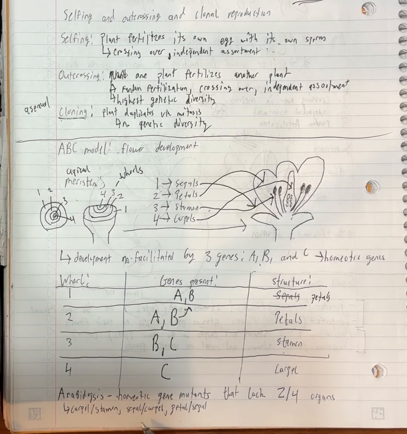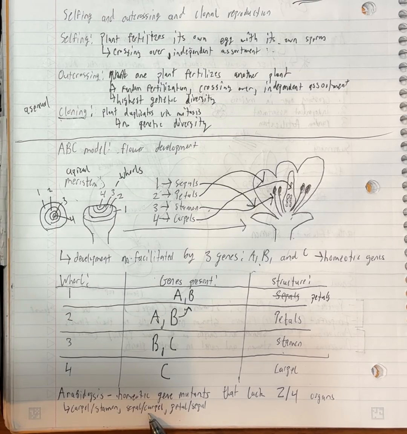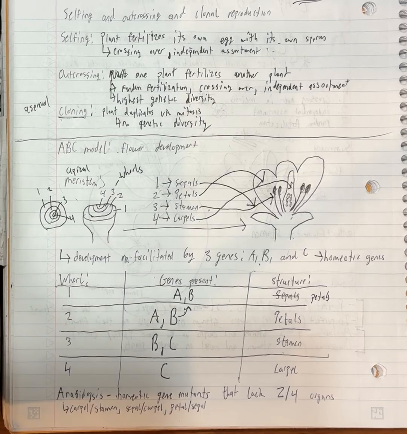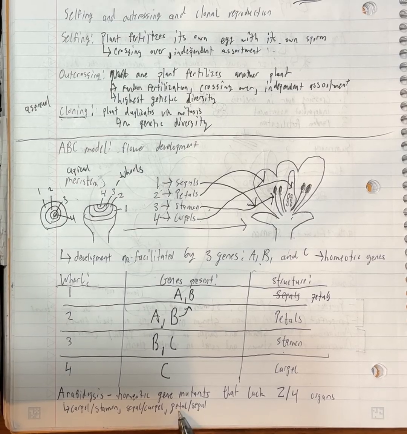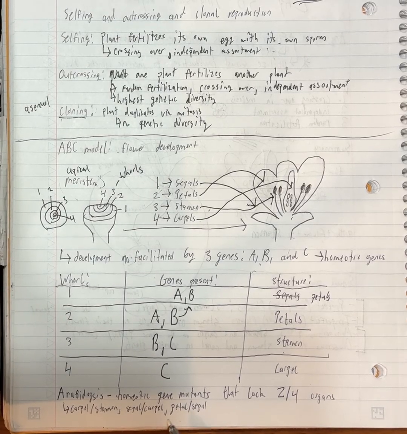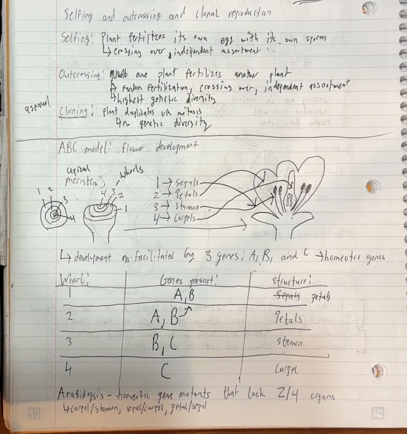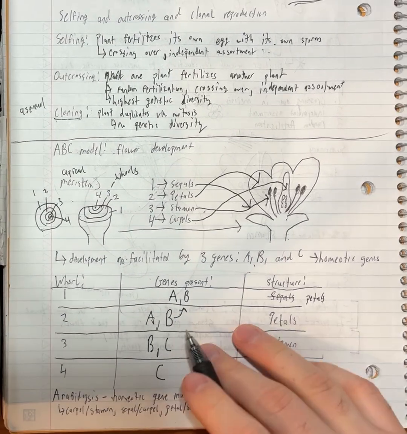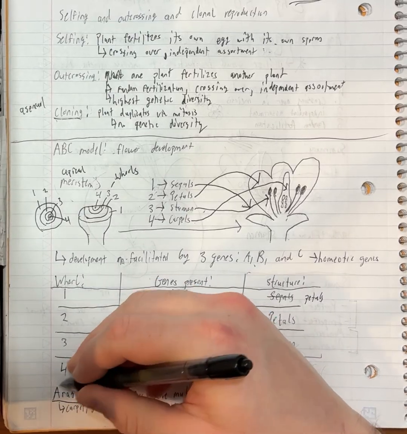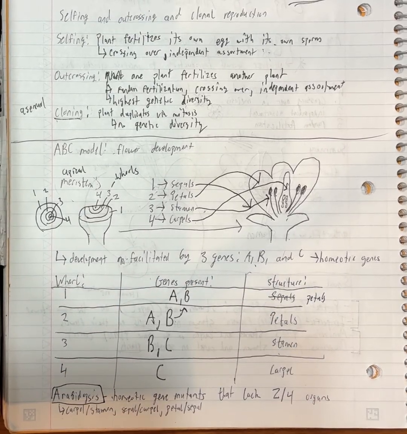Maybe you have sepals and carpels, which means you are lacking petals and stamen. Or maybe you have petals and sepals, which means you are lacking stamen and carpel. So you don't have to memorize those, but I do want you to know the term arabidopsis. All right?